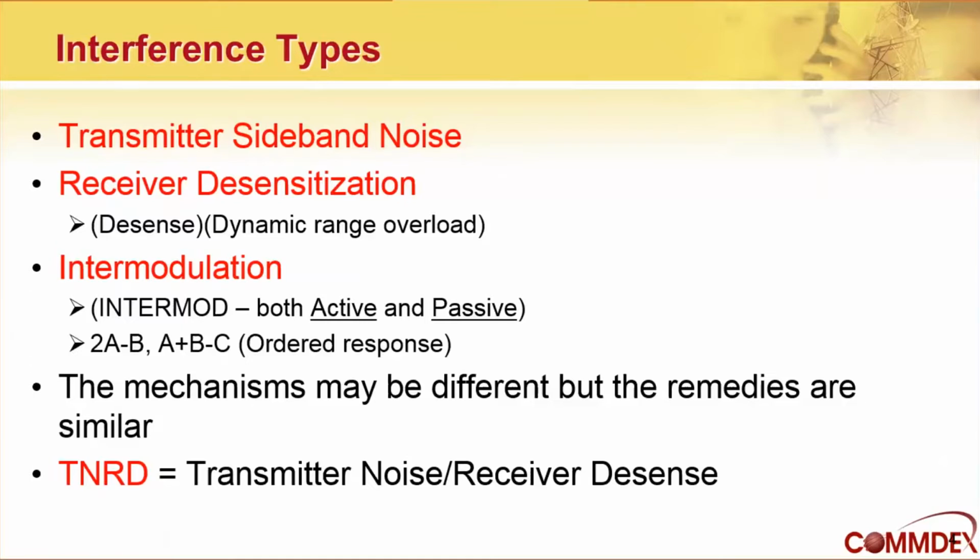It's kind of like if you're in a crowded room full of people and you're trying to listen to one person and 100 other people in the room are talking. You are not going to be as sensitive trying to hear the one person you do want to hear. So desensitization is also called desense. A longer name is dynamic range overload. You're basically overloading the receiver with too much signal.